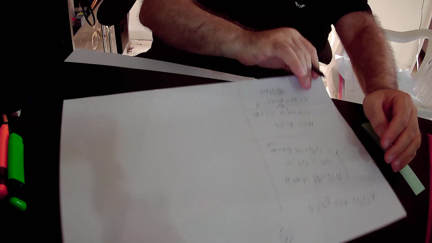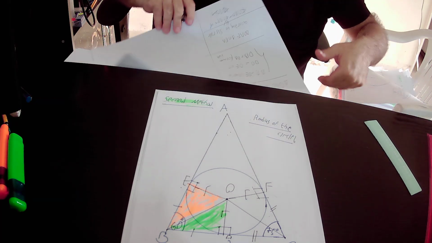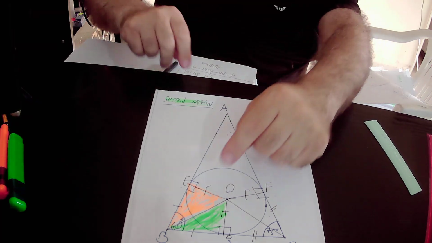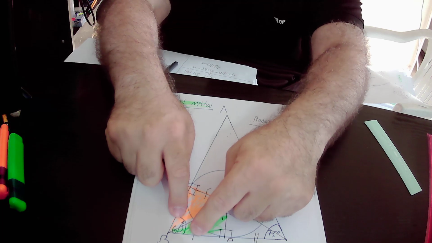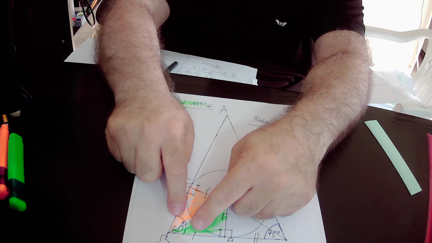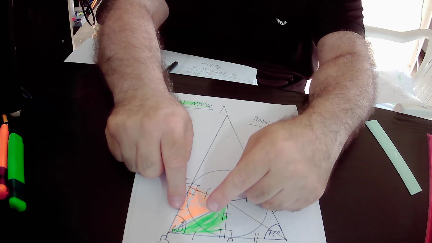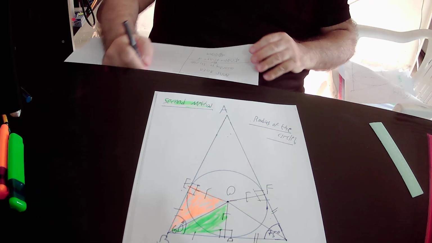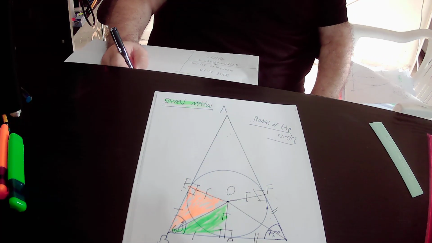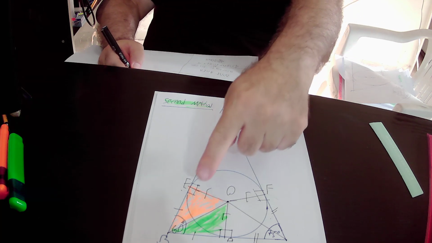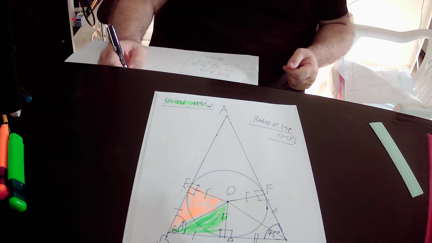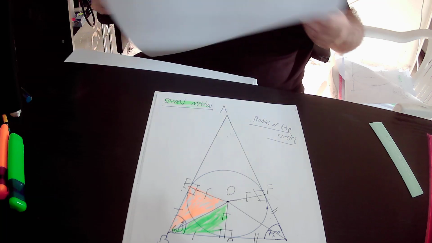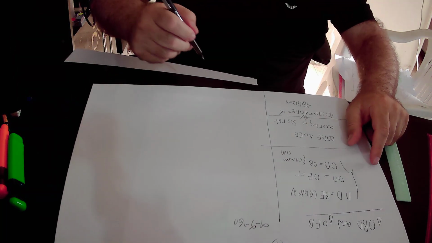So we actually found out that both those two angles are equal to alpha according to our definition, and the sum of those two angles is alpha plus alpha. And alpha plus alpha is equal to 60 degrees according to what is given in the question.